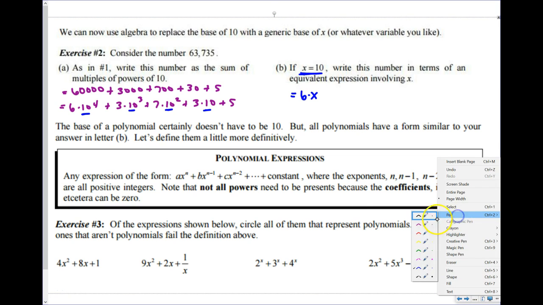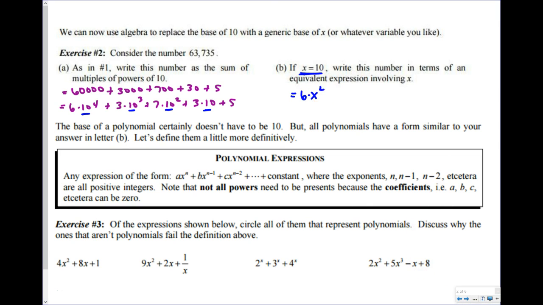My pen decided to stop working. Plus 3 times x to the 3rd. Remember, I'm just replacing these 10s with x's. Plus 7x to the 2nd, that's this right here. Plus 3x, that's this right here. And then plus 5. Okay?